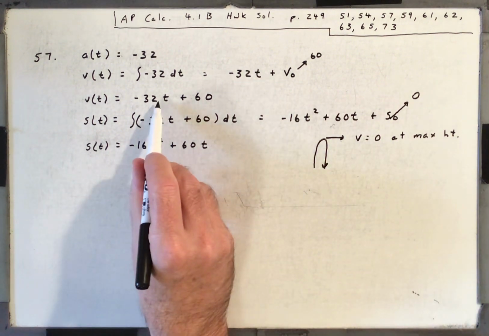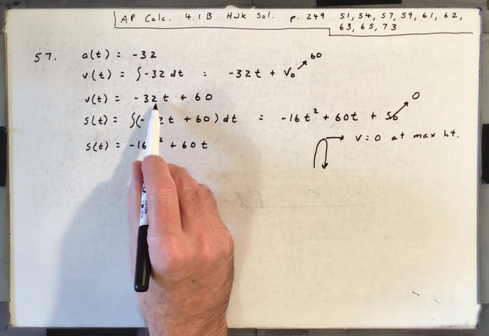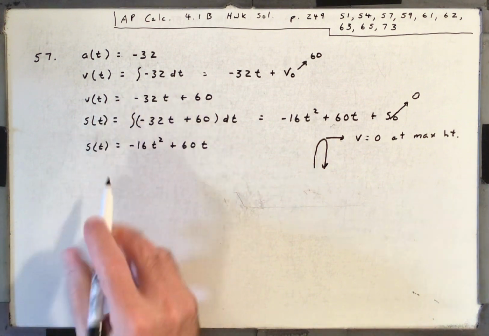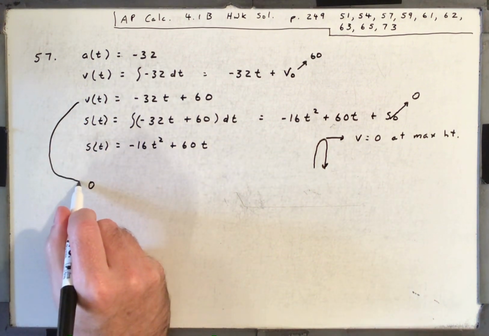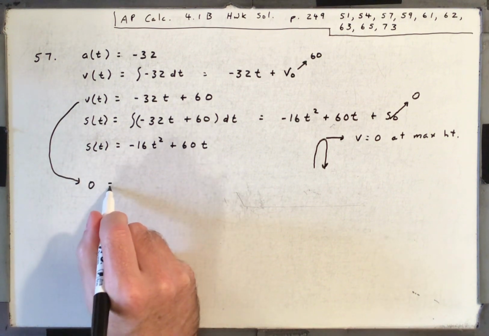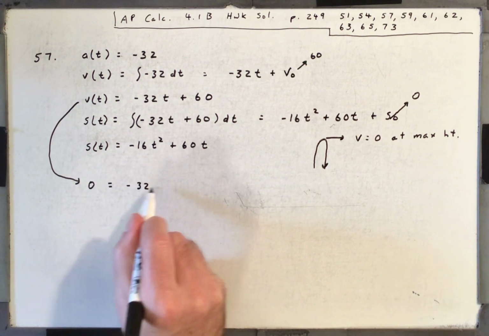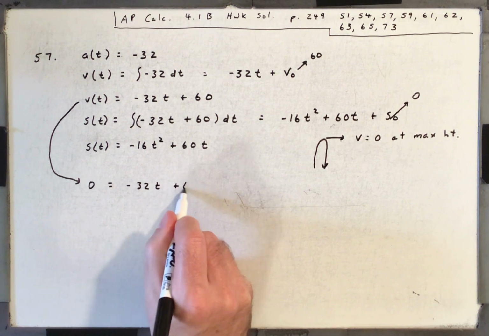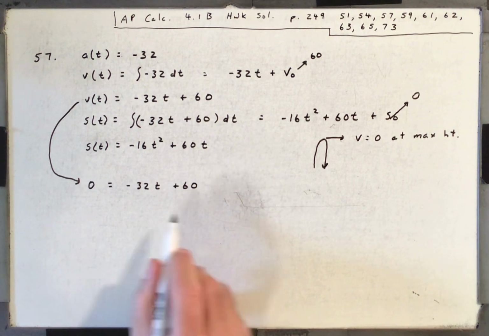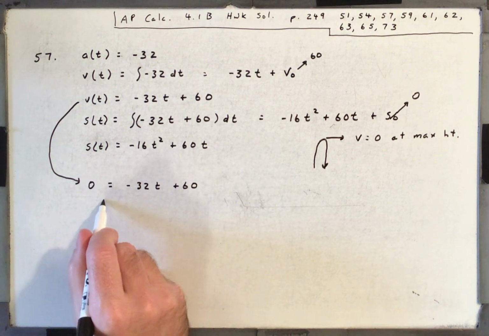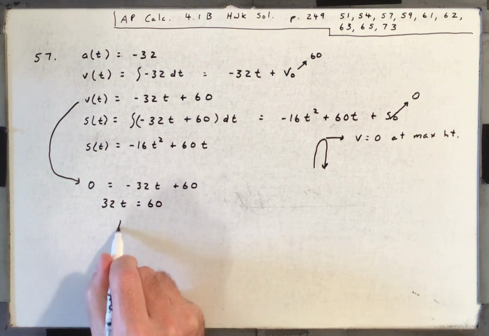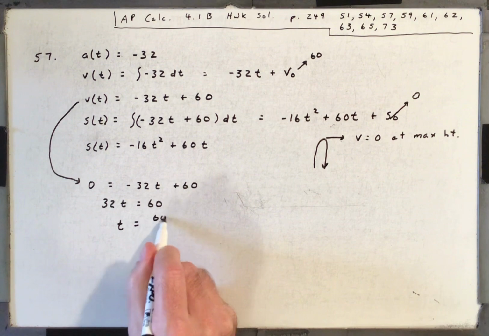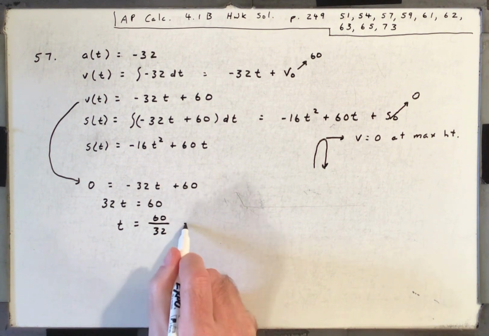So we can figure out the time that it takes to get to a velocity of 0. So I'm just going to use the velocity equation and say 0 is equal to minus 32t plus 60. All right, so bring that 32t over to the left. 32t is equal to 60. So t is 60 over 32.